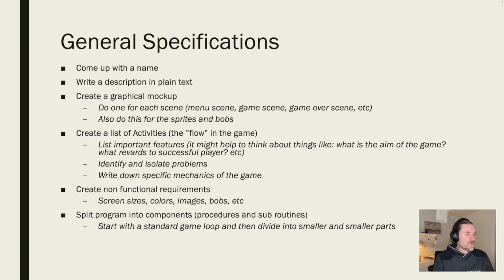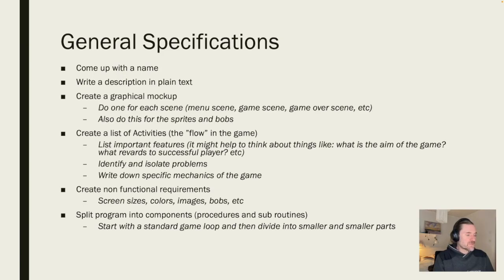And after that, you could also write some non-functional requirements, and this goes hand in hand with the above activities. If you have written down some information, like my character should be a sprite with 16 colors, then in this non-functional requirements part, you can list what colors or what sizes you will have.